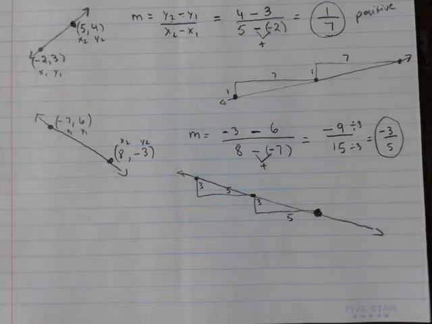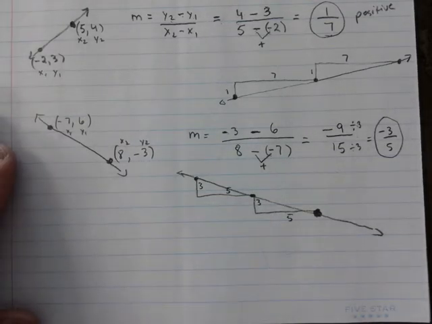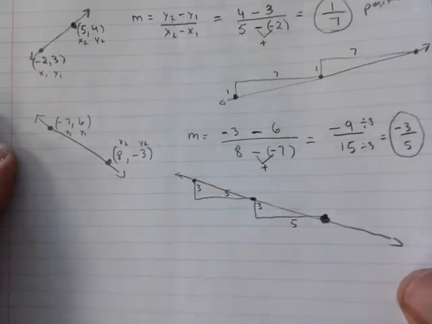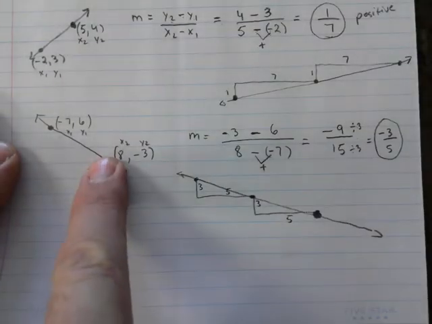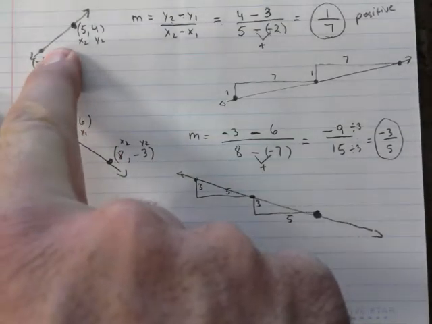To be honest, it is gonna show up from time to time, but it will be fairly simple to calculate most of the time. So as long as you remember your formula and that it's rise and run, you'll be fine. And it must be a negative slope if it's dropping. It must be positive if it's going up. All right, let's keep going.